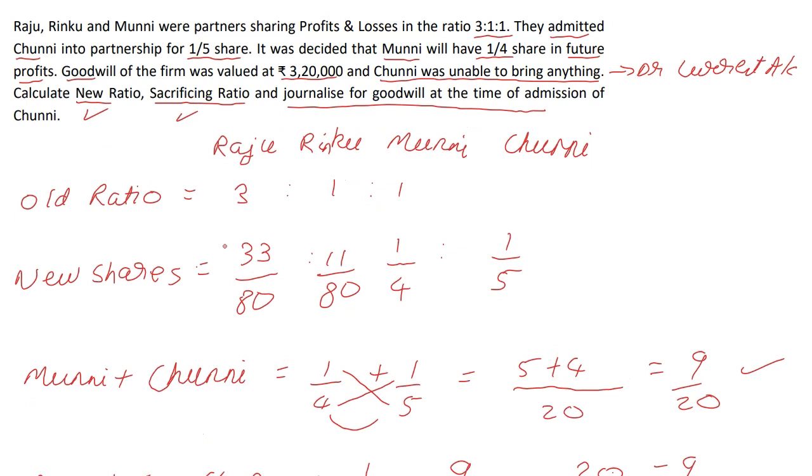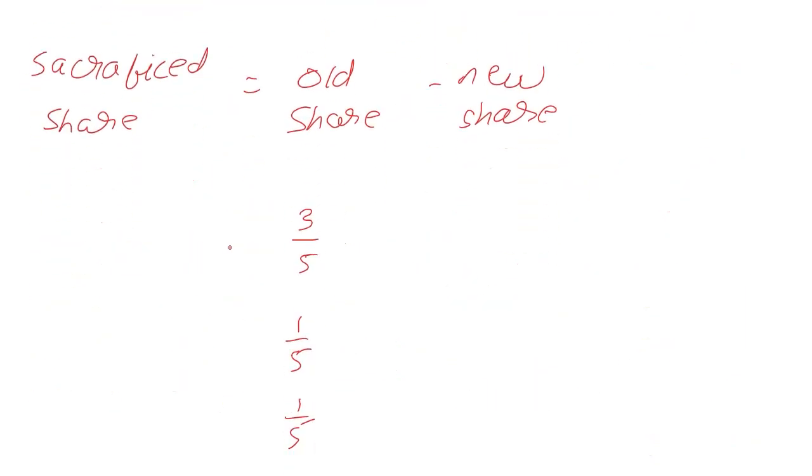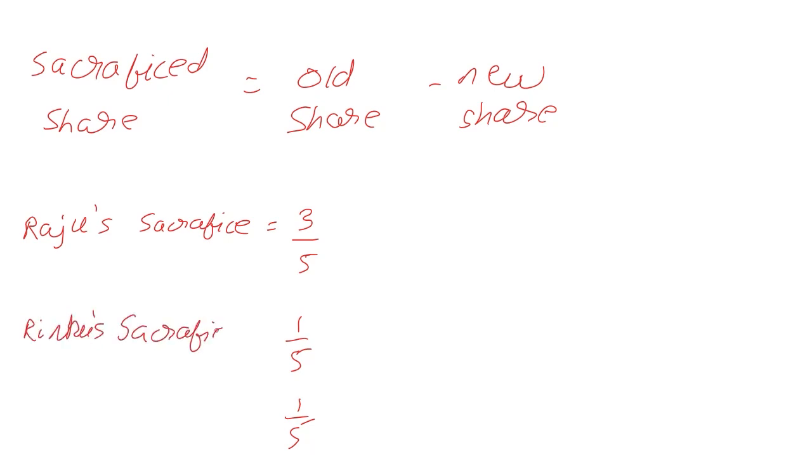So Raju, Rinku, and Munni. Raju's sacrifice is what we're trying to calculate. And by the way, if it comes negative, it's again simple as that. Rinku's sacrifice and Munni's sacrifice.